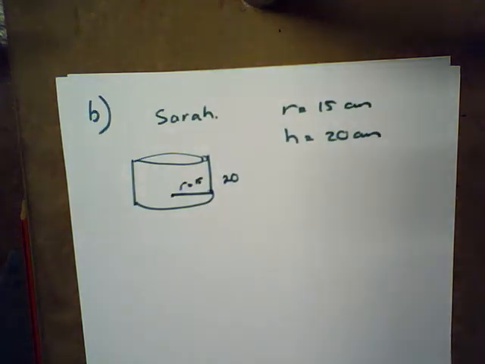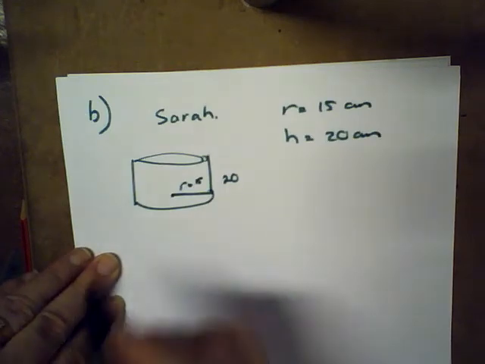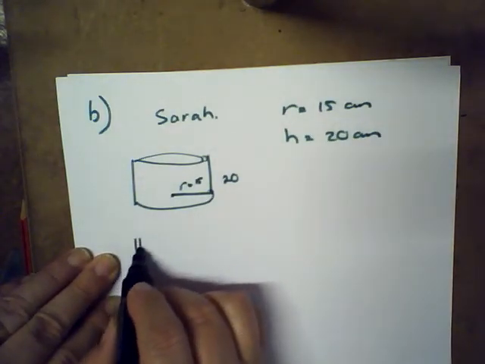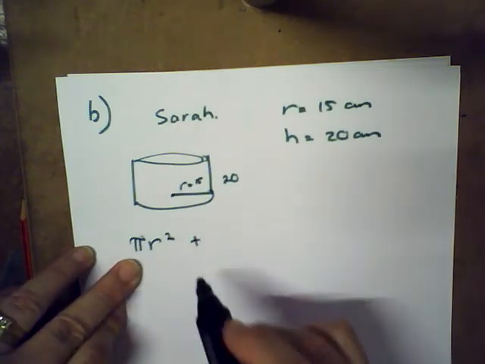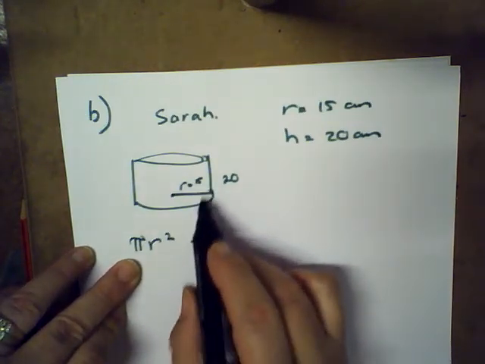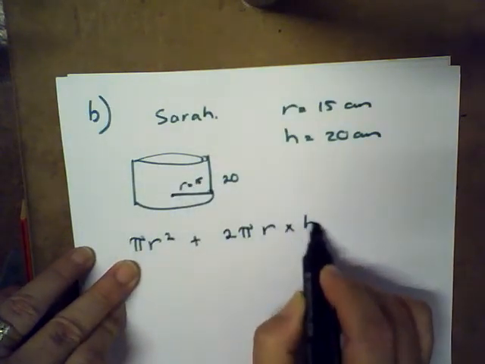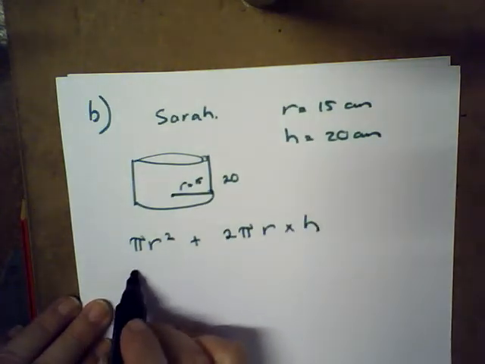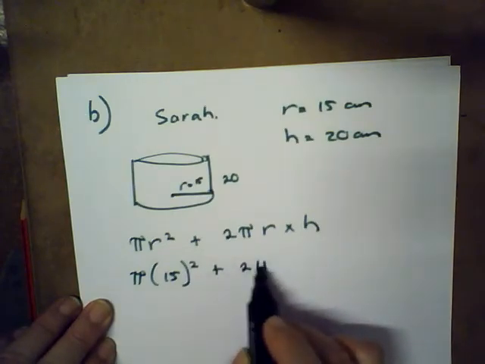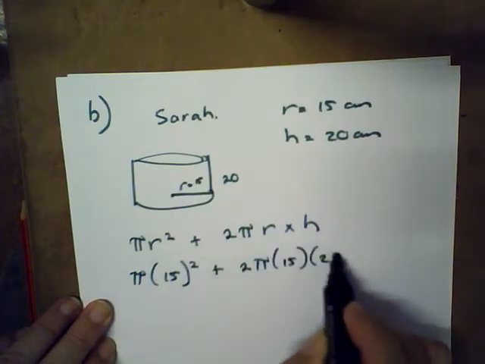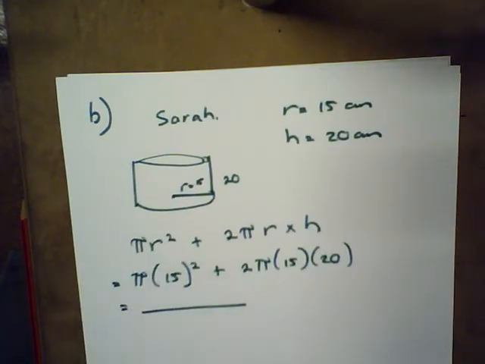We've already got the formula for the surface area: pi r squared for the base, plus 2 pi r times h for the curved surface. So pi times 15 squared plus 2 pi times 15 times 20. You tap that into your calculator and you obtain the answer.